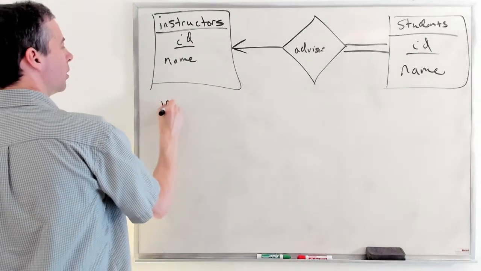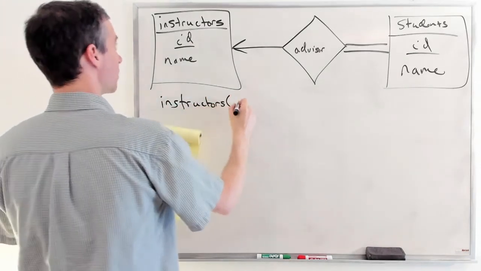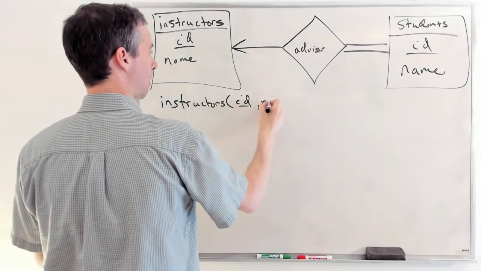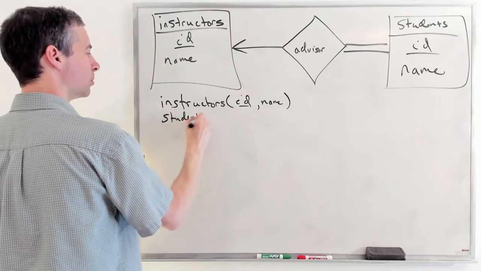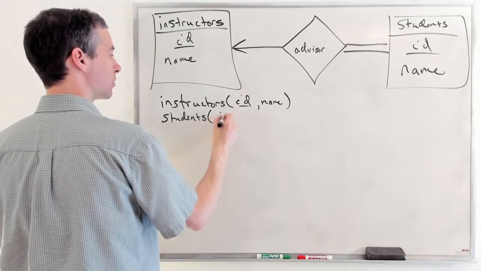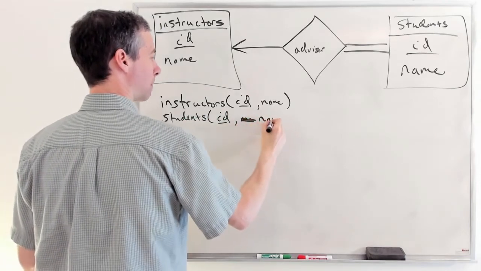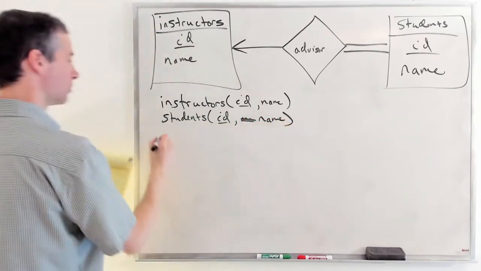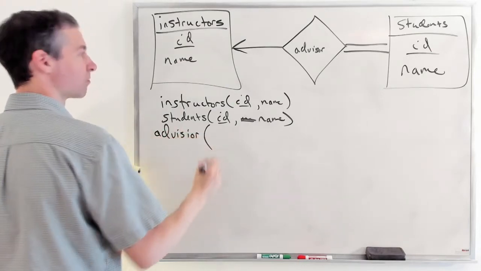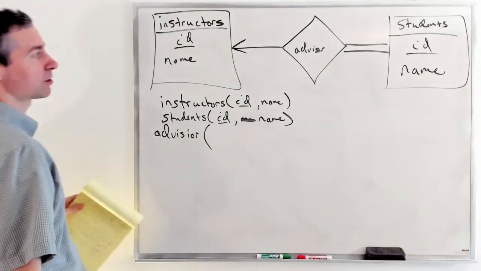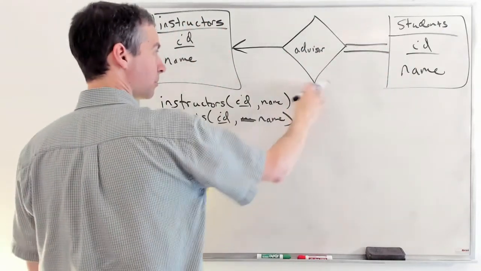Again, quickly, we create our instructors schema. We're just going to follow the normal process. We make our students schema. Then we make our relationship schema. Remember, when we make a relationship schema, we combine the two primary keys plus any attributes.